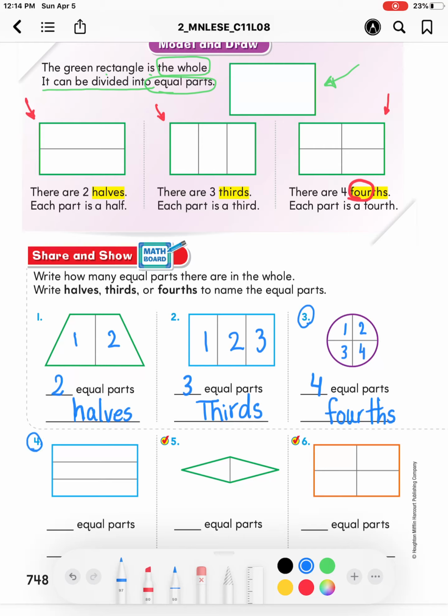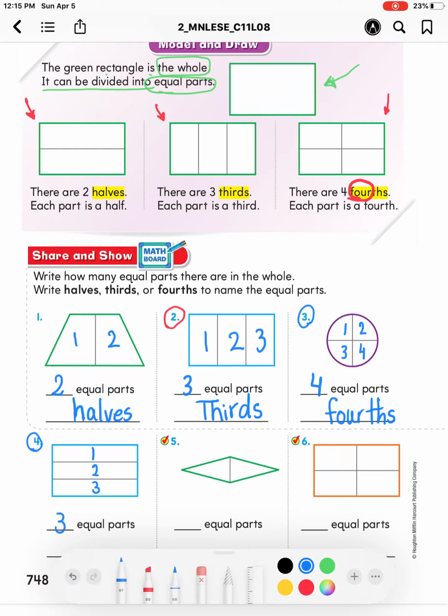The blue rectangle. Here, if you look back to question number 2, it's the same blue rectangle. Okay? I want you to think of something. Now, in number 4 here, we have how many equal parts in a rectangle? Let's count together first. 1, 2, 3.